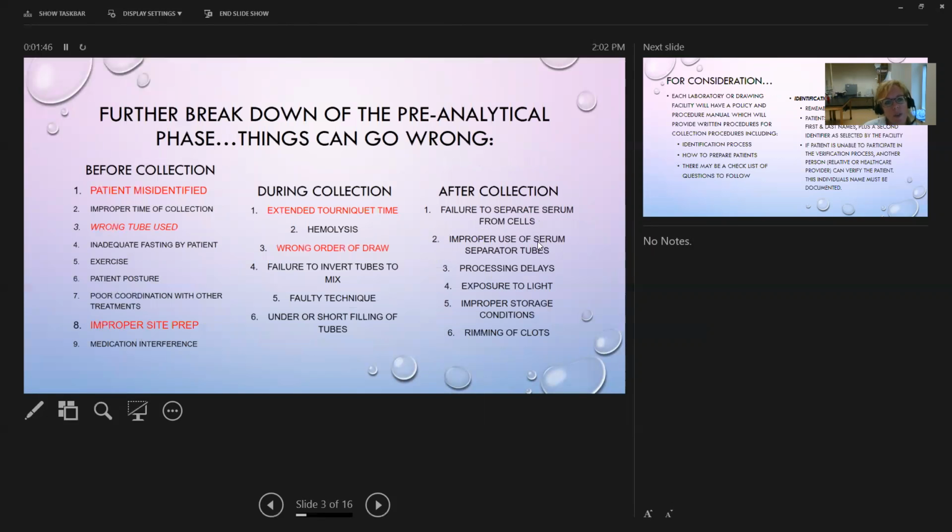So when we talk about the pre-analytical phase, there's tons of things that can go wrong prior to analyzing the sample. So we break those into 3 categories themselves: before collection, during collection, and after collection. So before collection, you can see in red the most common errors that happen that affect testing.